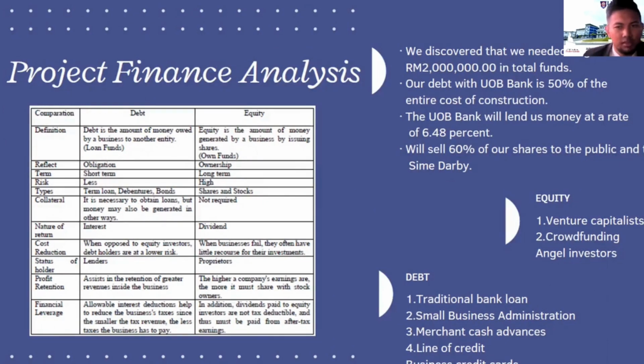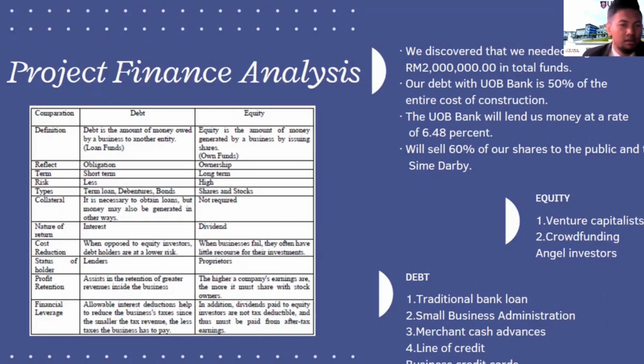Analysis, to make sure it's very clear, we have to discover what is debt and what is equity. Debt's definition is the amount of money owed by the business to another entity. While equity is the amount of money generated by a business by issuing shares. So debt is loan fund and equity is own fund.